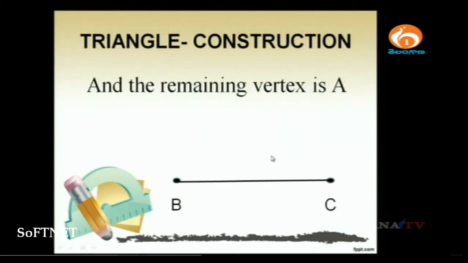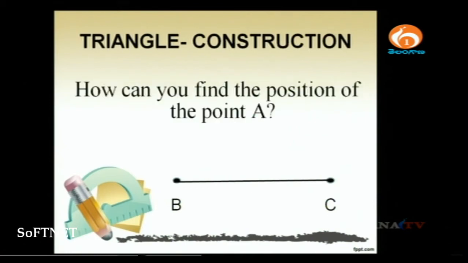That means the remaining vertex is A. How can you find the position of that point A? That means we have to locate our point A somewhere here, so that we can form a triangle. Then how can you find the position of that point A?